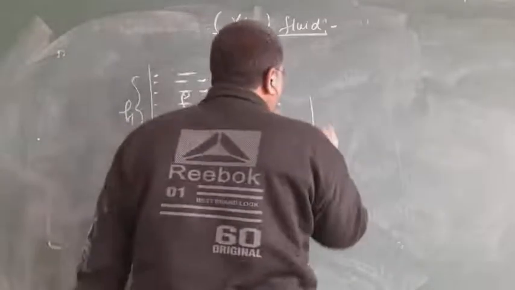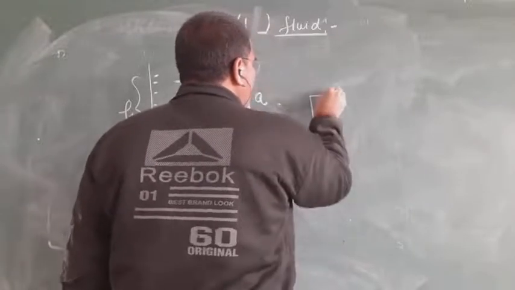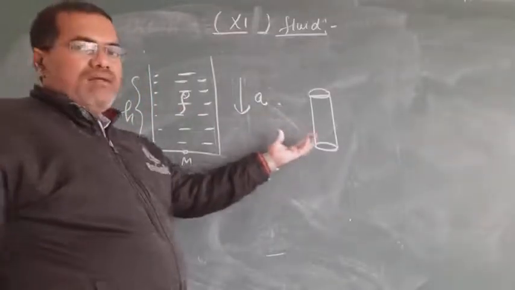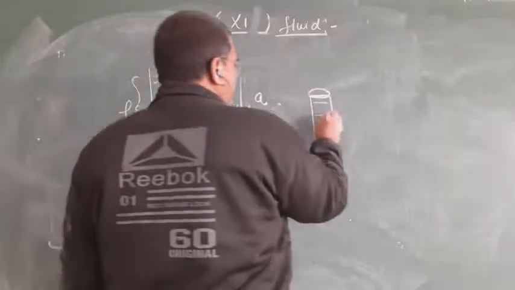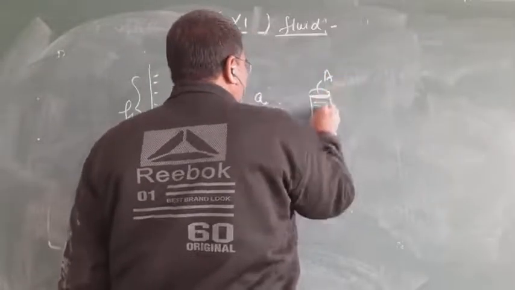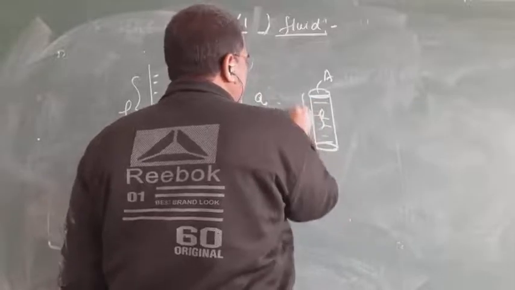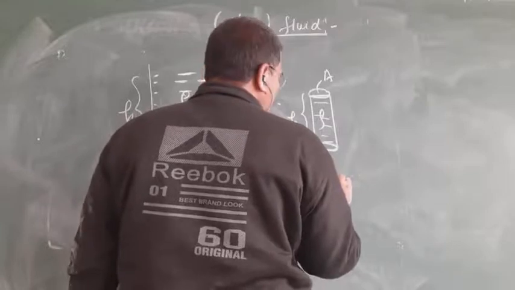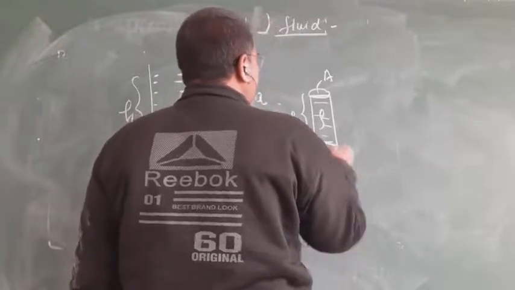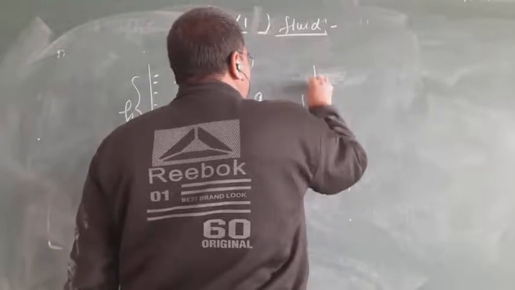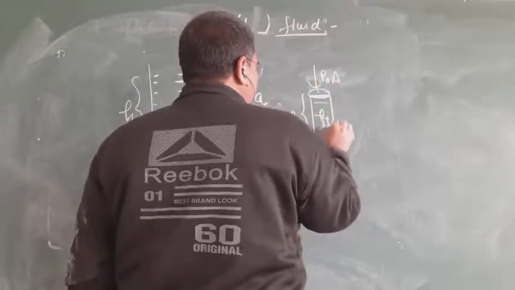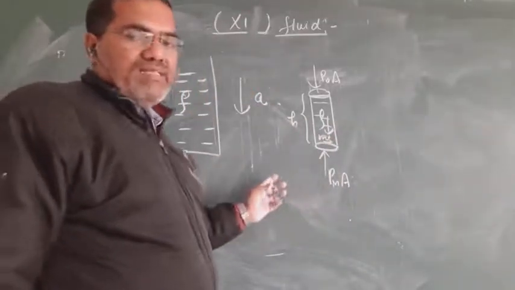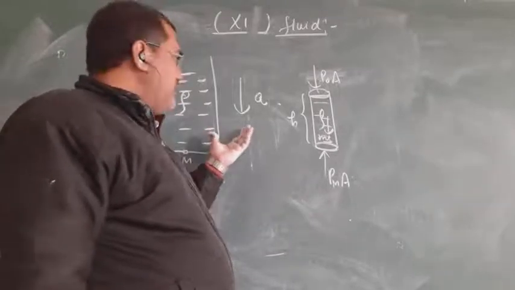We can again take a hypothetical cylinder of some liquid, with cross-sectional area A and height h. There will be forces P_m into A, P naught into A, and mg, and a pseudo force, which acts in the accelerated frame.